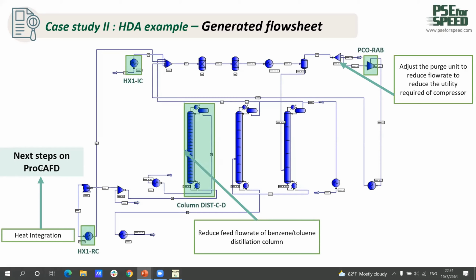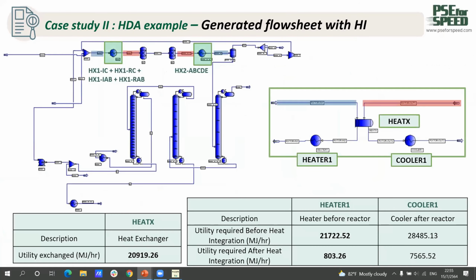And for the heat exchanger, the heat integration can be done in the further steps of ProCAFD, and this will be shown in the next session of the webinar, along with the further process optimization and integration. But anyway, in the heat integration, there is one modification that we can do immediately to get less utility.